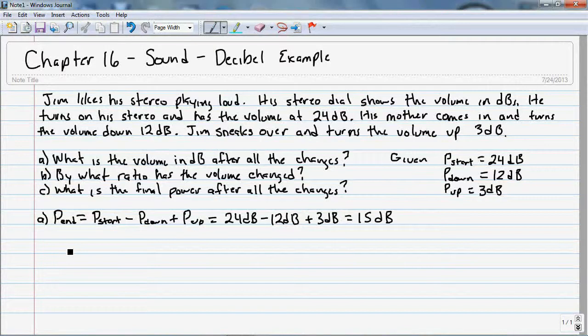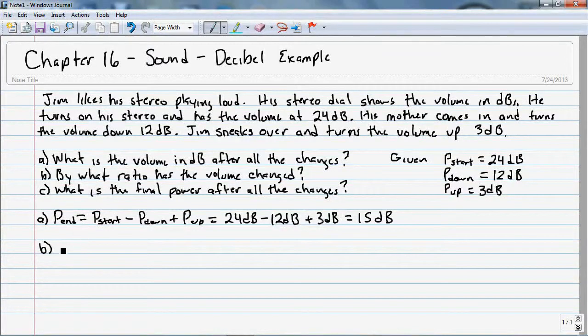Now for part B, let's look at it in two different ways. Let's look at the ratio that the volume changed.